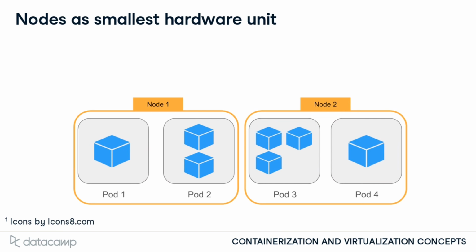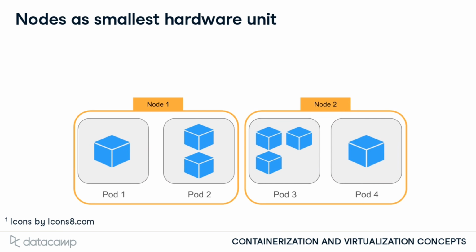Nodes are the smallest unit of computing hardware in Kubernetes, representing a pool of computing resources, whether virtual or physical, hosted in the cloud or on-premise. Rather than being actual custom machines, nodes abstract machines, so any node can be easily replaced with another node, and everything will work the same. A specific pod does not always run on the same node.